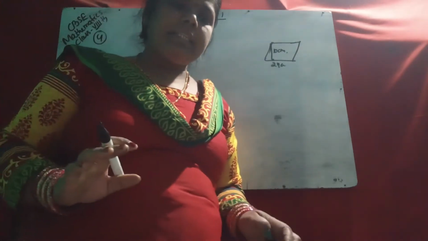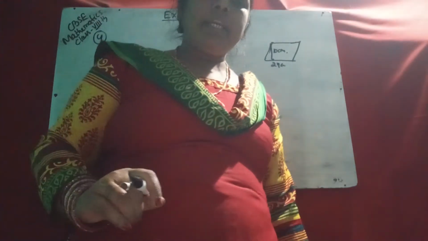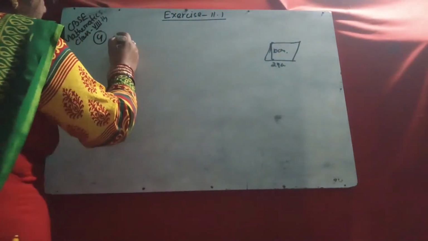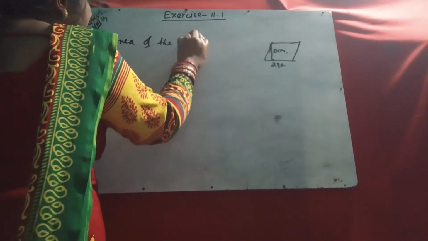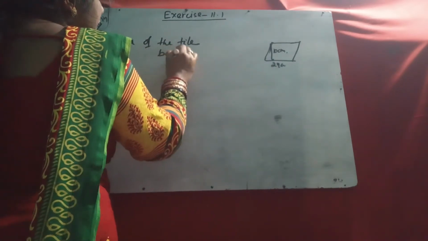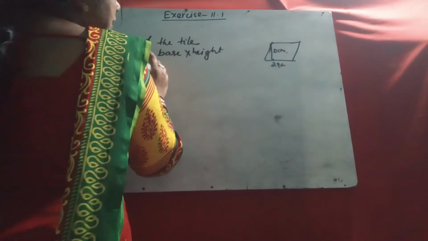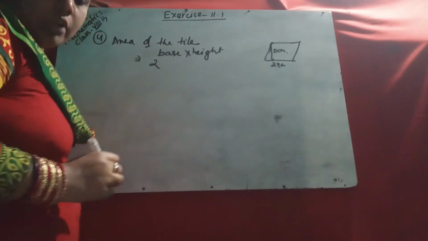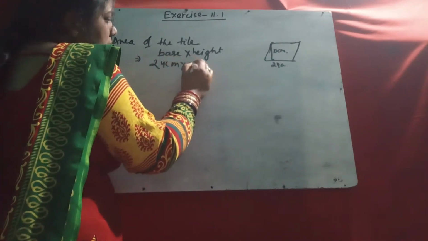The question is how many tiles are needed for flooring. So first find the area of the tile. The area of the parallelogram is base into height. The base is 24 cm, height equal to 10 cm.